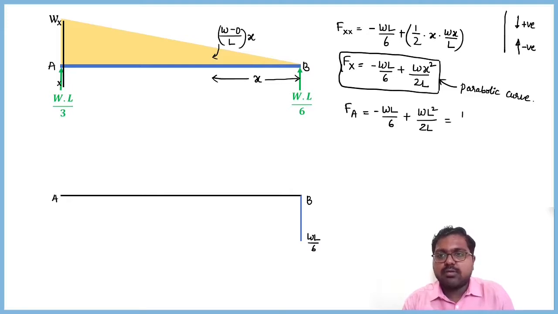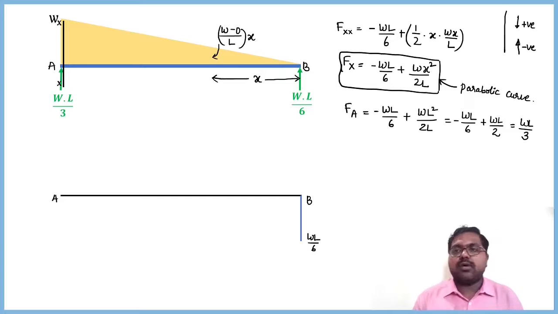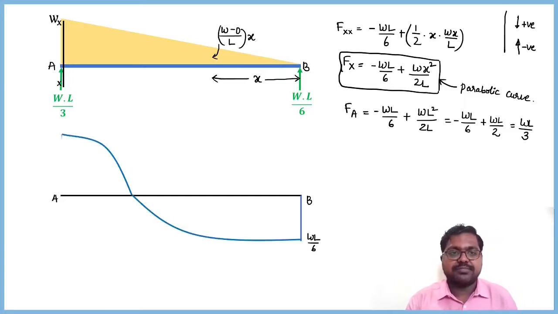That will be equal to WL by 6 plus WL by 2, which is equal to WL by 3. So if we draw this shear force diagram, it will be like this.